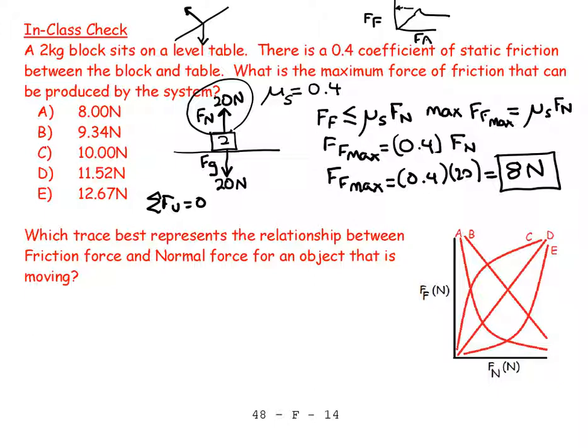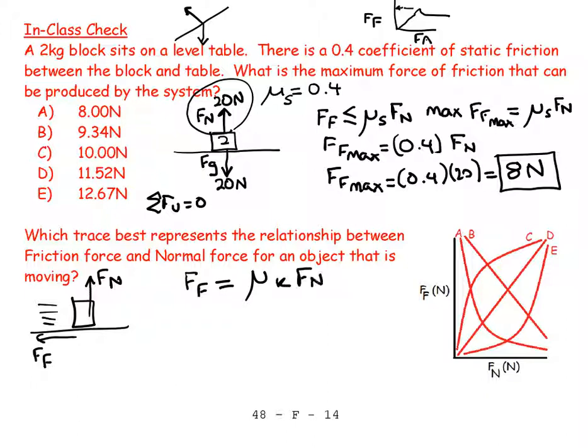In this next example, which trace best represents the relationship between the frictional force and the normal force for an object that is moving? So now we're talking about motion. We have an object, it's moving, I have the normal force, and I have the frictional force, and the relationship is FF is equal to mu k times Fn.